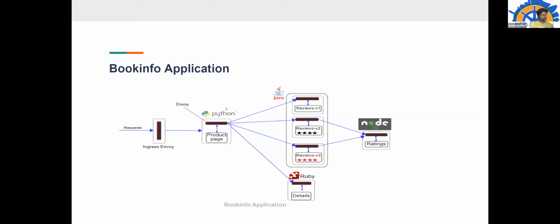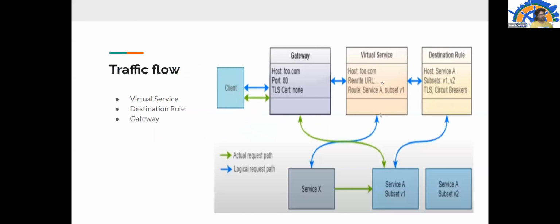So both the virtual service information and the destination rule information will be part of this proxy itself. If this one has to connect with that one, the virtual service will be applied here and the destination rule will be applied there. So it will be applied one after the other. First the virtual service rules will be applied, and then the destination rules will be applied later on. Each and every abstraction has a different role in the network flow.